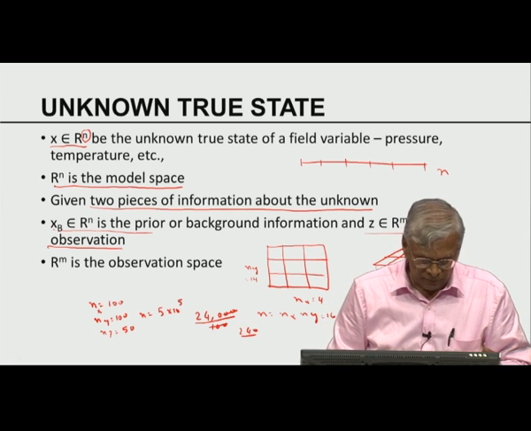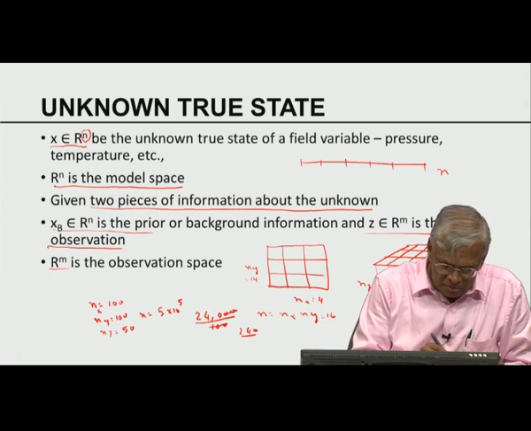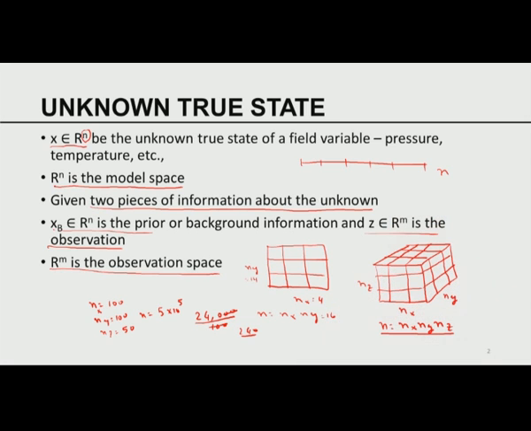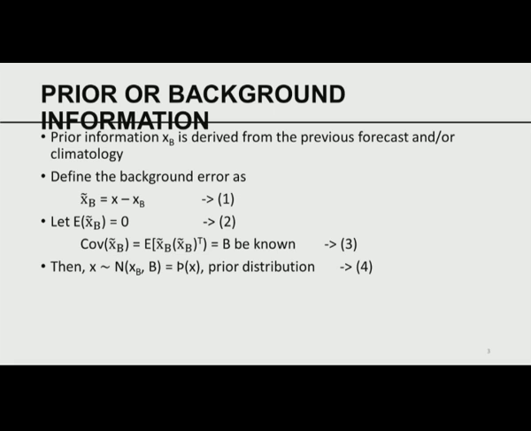Z is the new information. R^m is called the observation space. Again, we have talked about it at great length on several occasions. The prior, so I am going to call x_b the prior, so you can see the Bayesian framework sneaks in. The x_b has been derived from the previous forecast or the climatology.